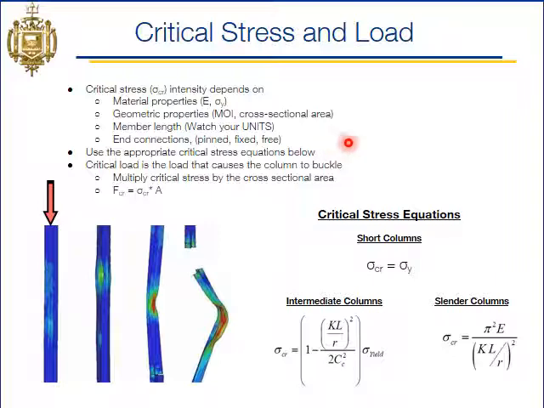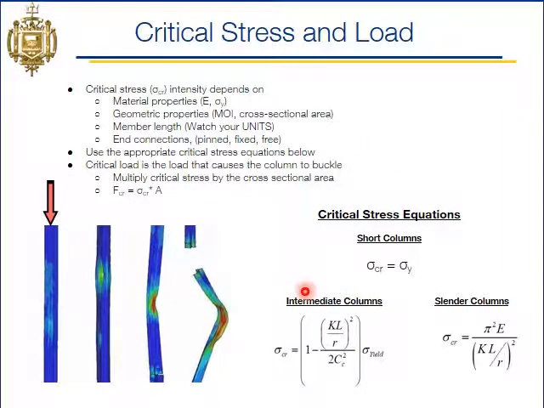We have 3 different equations, as we saw, because we had 3 different zones of slenderness ratio: short columns, intermediate columns, and tall and slender columns, and all of those had different equations to determine the critical stress. We have those equations written here.